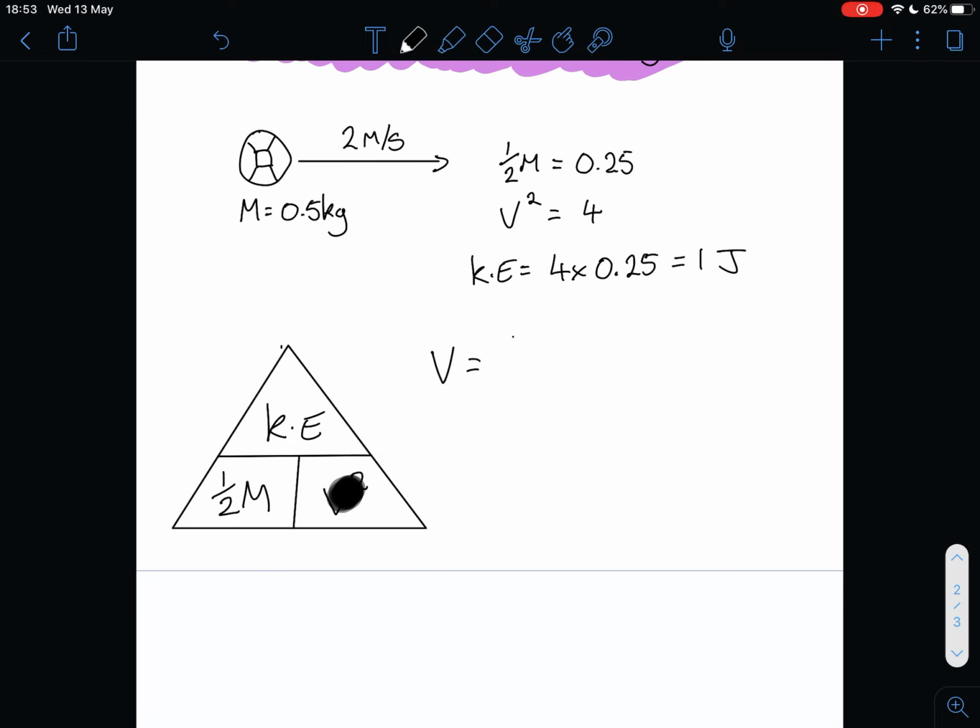So I write Ke over half m. But I have a little problem. And my problem is, at the moment, I've covered up v squared, not v. So at the moment, that's v squared. And how do we get rid of a square? We take the square root. And if I do that, that's the equation for v.